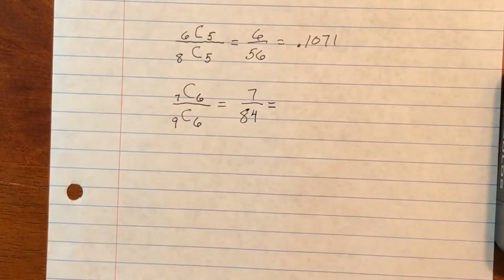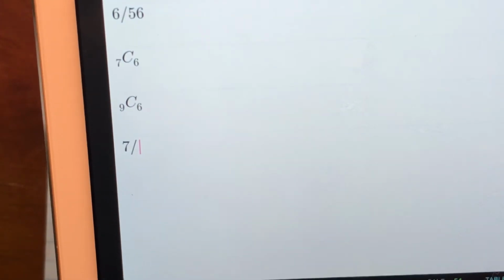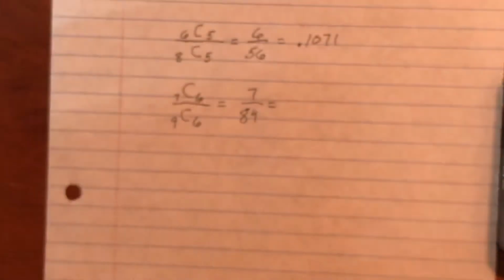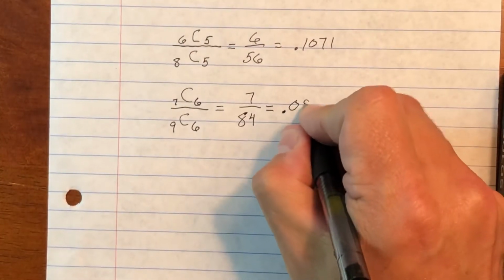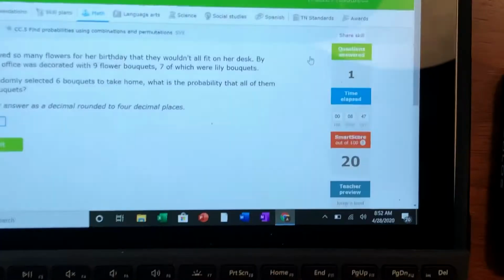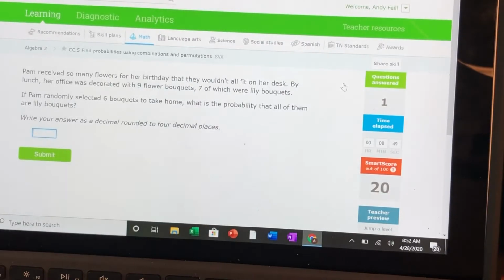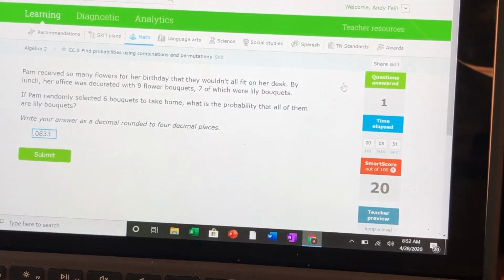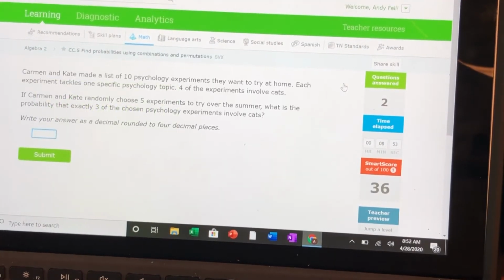We want to round this off to 4 decimal places. So what is 7 divided by 84? It's 0.083 repeating. 0.0833. So those first 2 problems were very similar to each other.